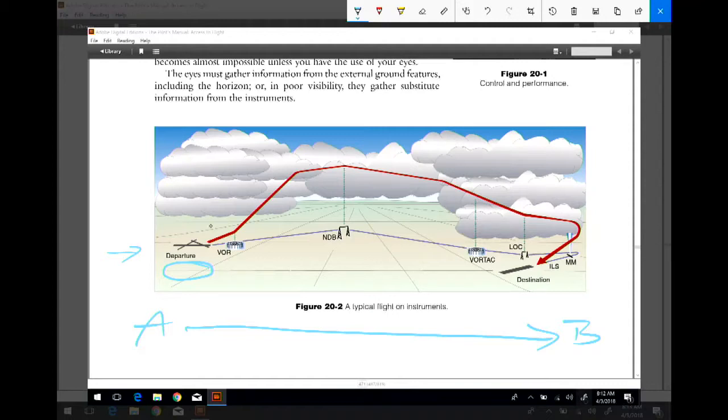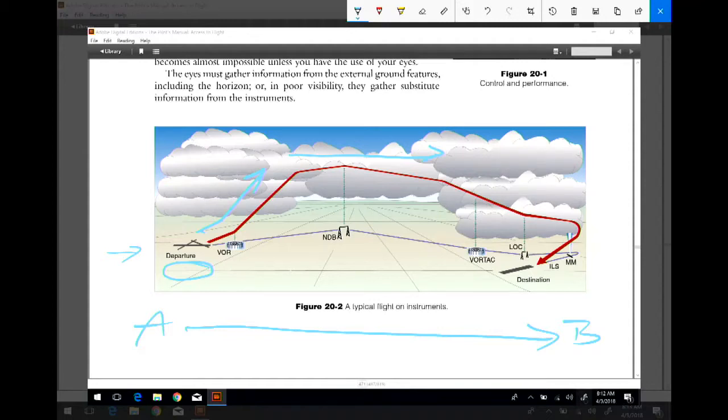As we take off, we have our takeoff and what we call our departure. So we fly a departure. Now, whether that is going to be something that air traffic control gives us and they vector us out a particular way, or if they give us a standardized departure procedure that we ultimately fly between waypoints on our way as we gain altitude up to the en route segment, which is going to be this.